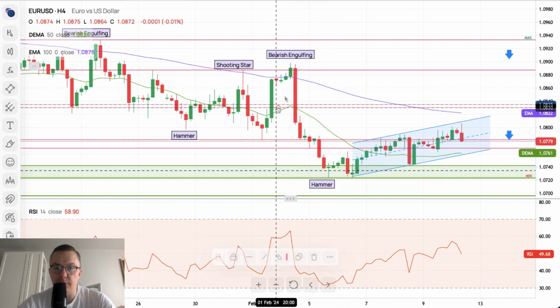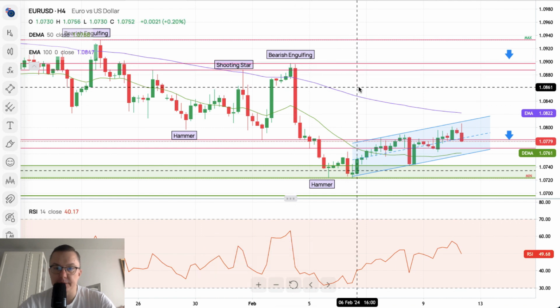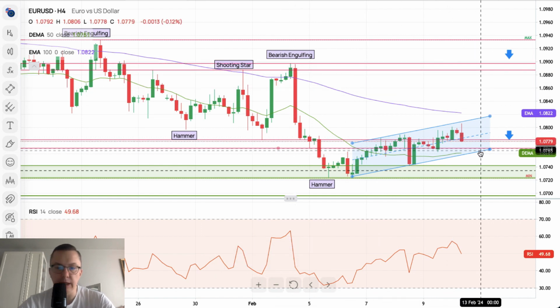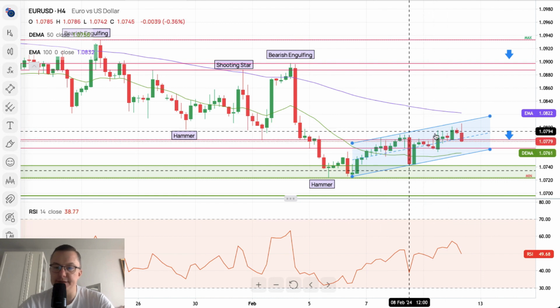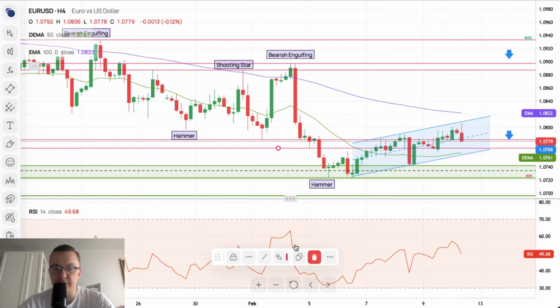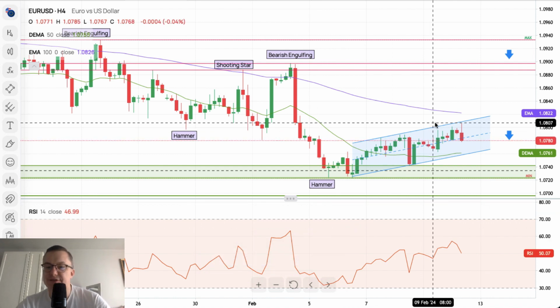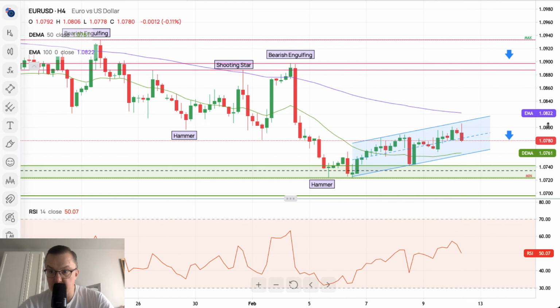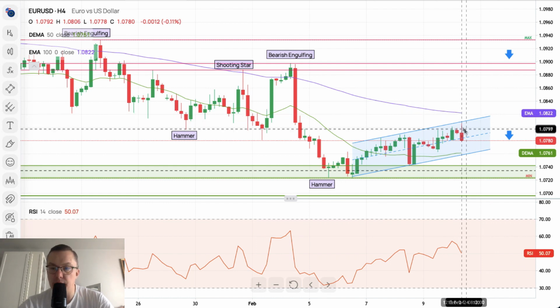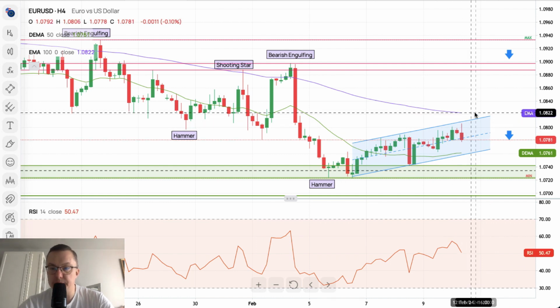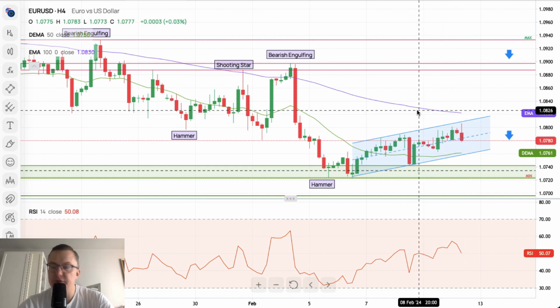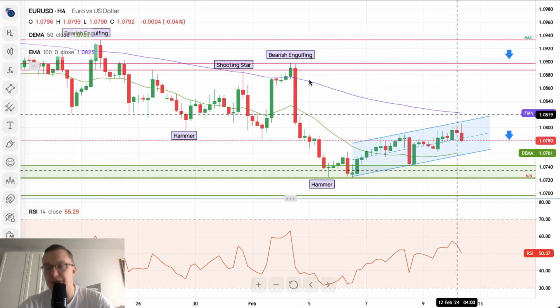And now we want to put this back on the level. These lines here don't actually work. They've been tested, retested, moved plenty of times. We don't need them anymore. What we need is this 1.0822 and 1.0812, which is the zone between the 50% Fibonacci retracement and the 100% moving average.